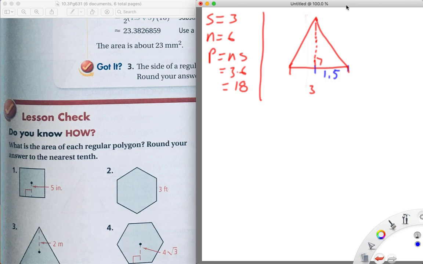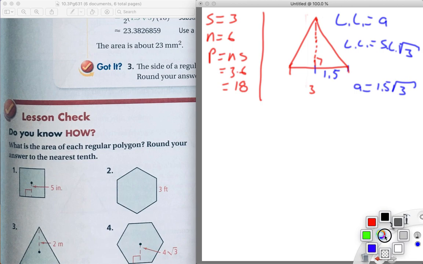And I know that the longer leg on a 30, 60, 90 is equal to the apothem. So I know that the longer leg is equal to the shorter leg times the square root of 3. So in this case, the apothem is equal to 1.5 times the square root of 3.